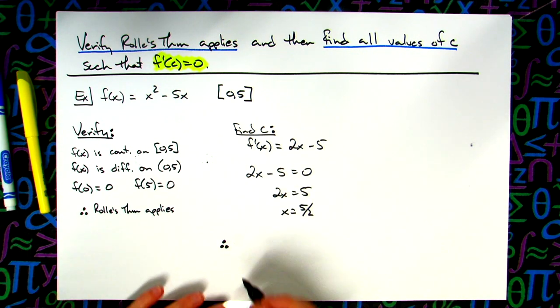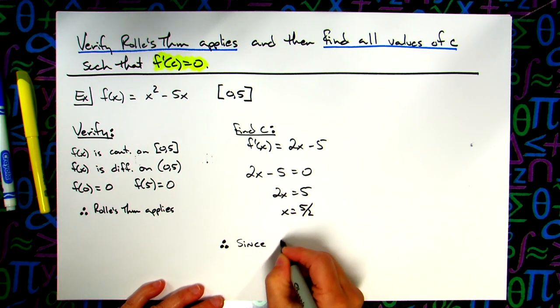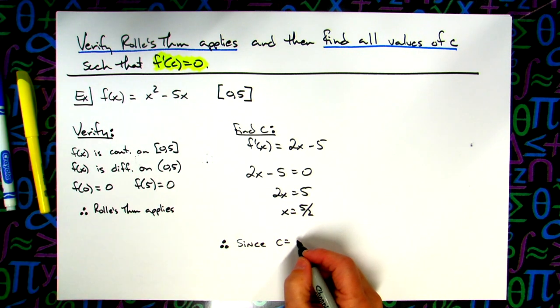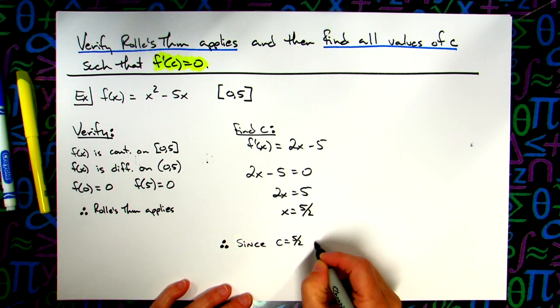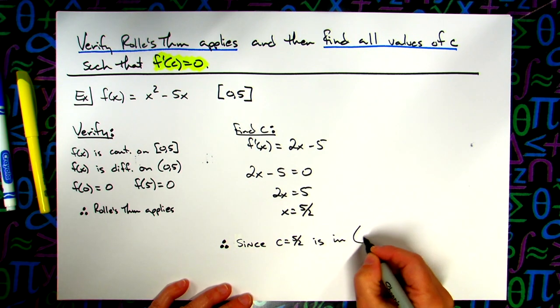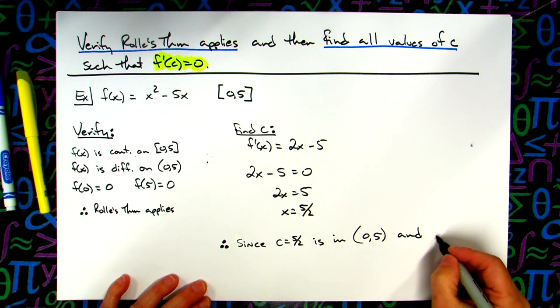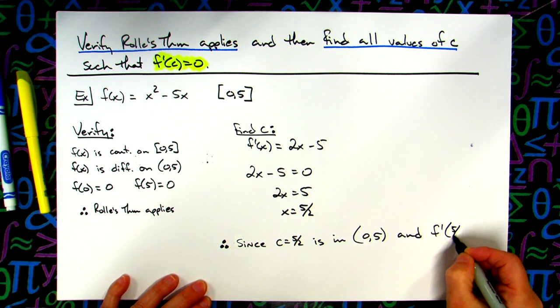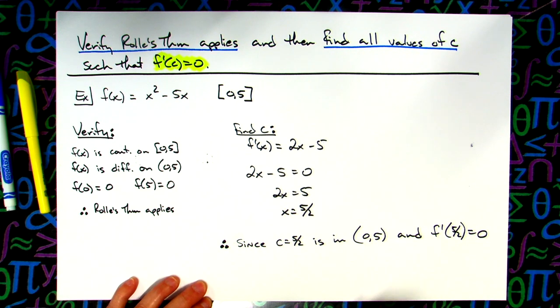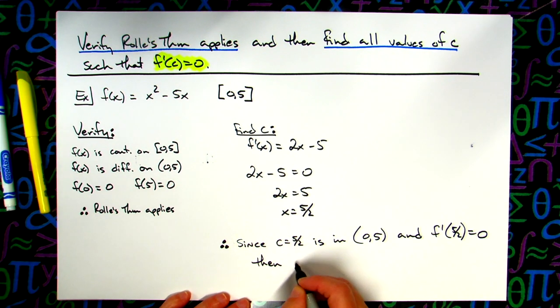Therefore, since c equals 5 halves is in the open interval from 0 to 5, and the derivative at 5 halves equals 0, then c is guaranteed to be 5 halves.